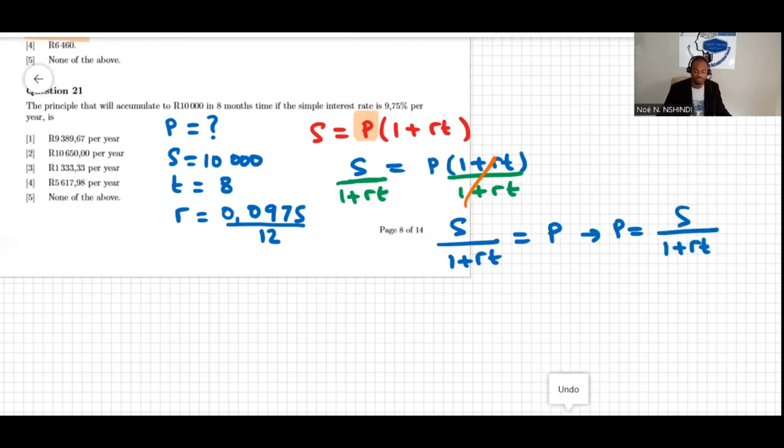Now I can substitute the values. S is 10,000, so 10,000 over 1 plus R, the rate, which is 0.0975 over 12, multiplied by the time, which is 8, and then tap this in the calculator.